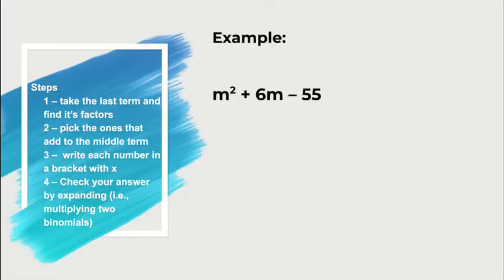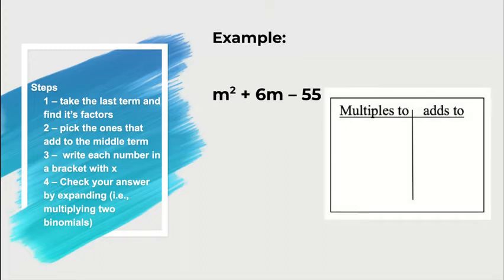Okay, so the next example is m squared plus 6m minus 55. So we use this chart, and it's going to multiply to that last term, negative 55. We need to make sure we're including that negative in here. So for two numbers that will multiply to be a negative, one of the numbers has to be negative while the other number has to be positive.